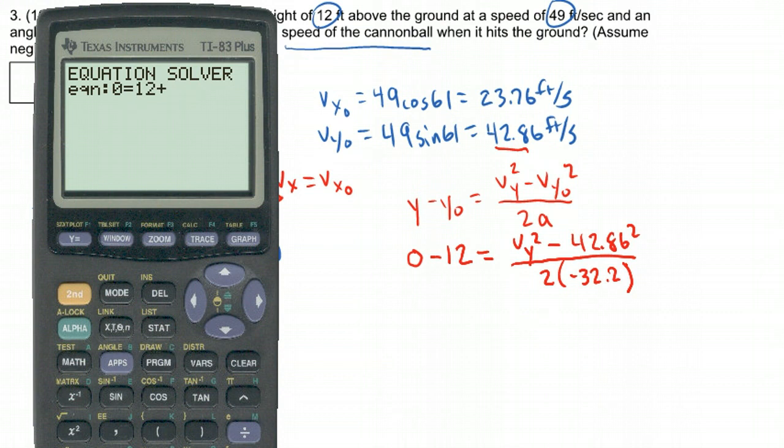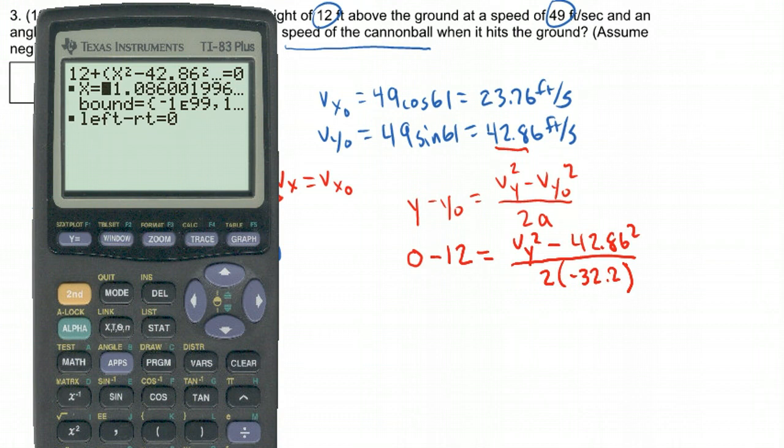So 12 plus our unknown quantity, unknown squared, minus 42.86 squared, divided by quantity 2 times minus 32.2. Okay, looks like our final Vy is 51.1. Remember, it's actually solving for Vy squared.